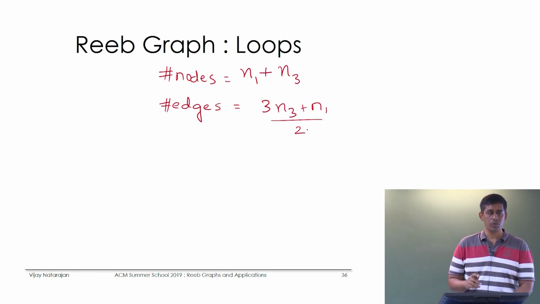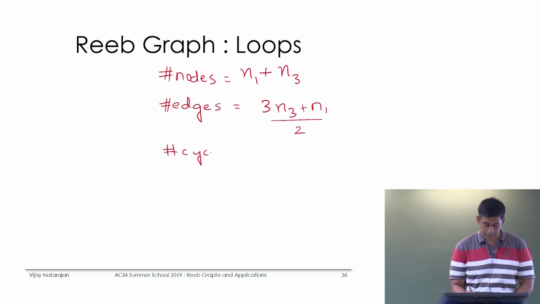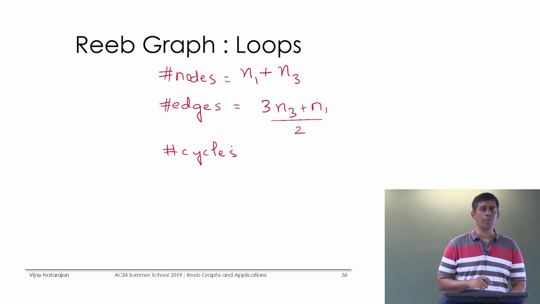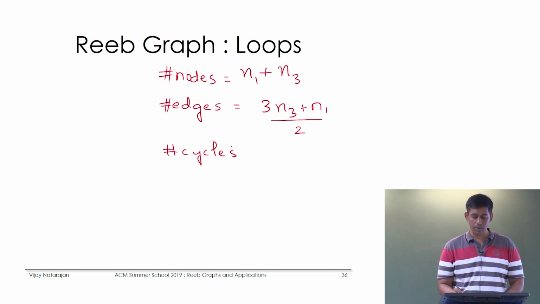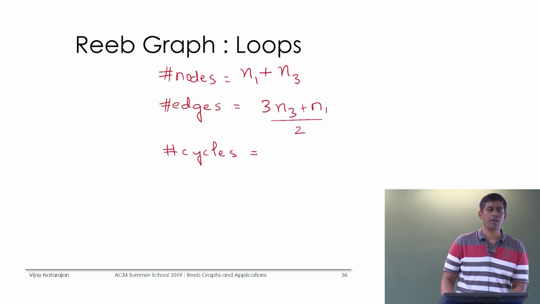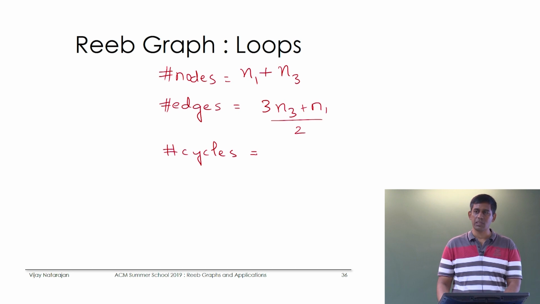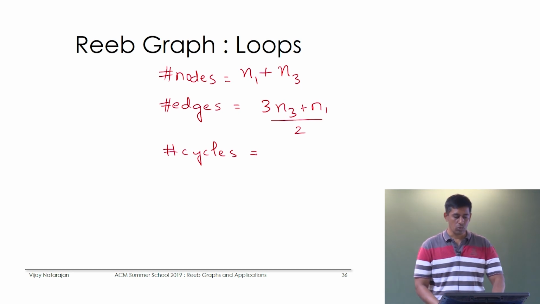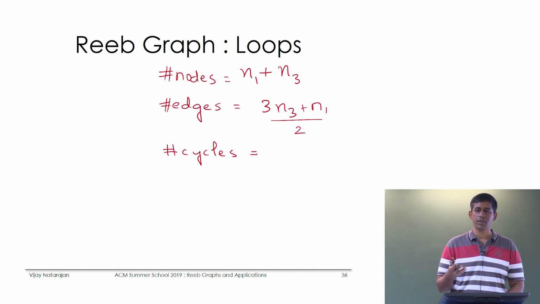Okay. So now how many cycles? If I know the number of nodes and the number of edges, you can tell me how many cycles there are. How many edges in a tree? Number of nodes minus 1. So every additional edge that you insert creates a new cycle. So what you want is the number of edges minus number of nodes.